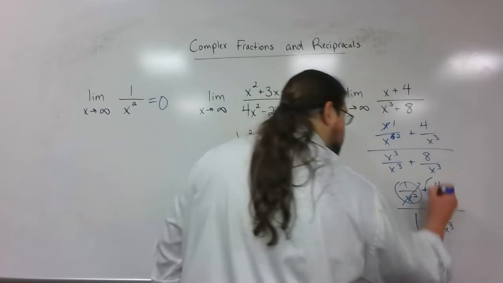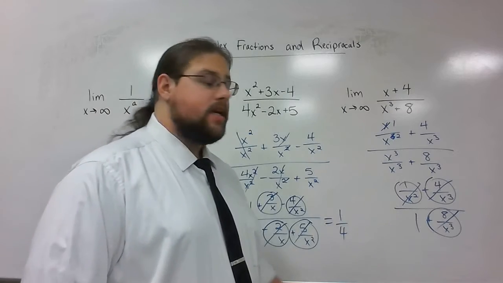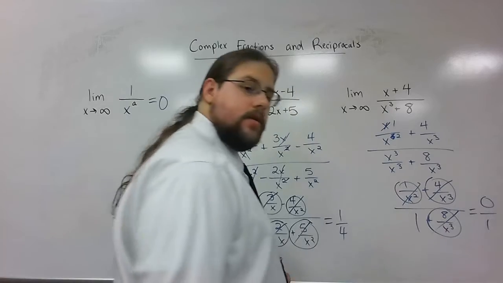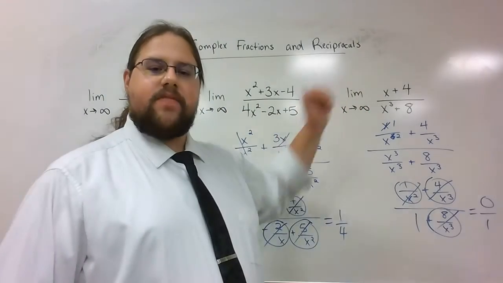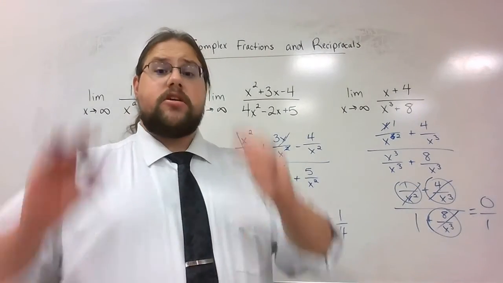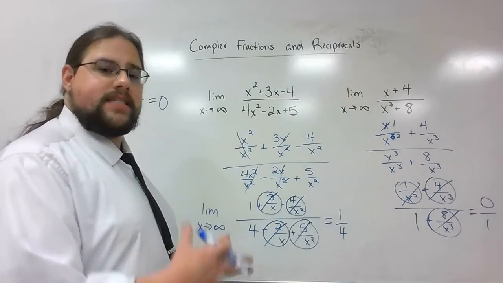So that's 0, that's 0, that's 0. They're all 0 except for that one lonesome 1. So what I'm left with is 0 over 1, which is just 0. So the limit as x goes to infinity of that function is just 0. Again, could have done it with horizontal asymptotes, but why remember extra information if I can use this process to simplify it for me?